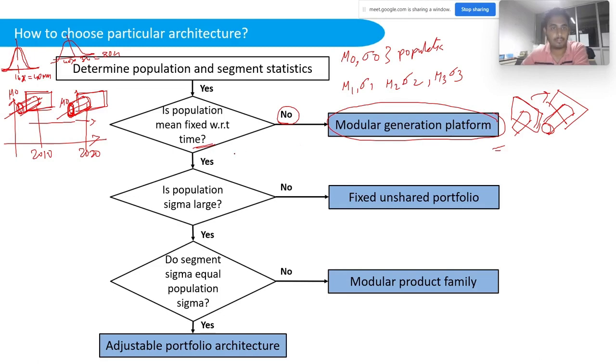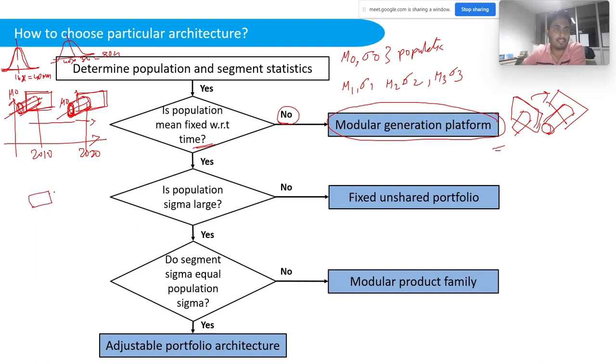Yeah, correct. Okay, another thing: if the answer is yes, for example, that the population mean does not change over time, we can take a different example. In the case of screwdrivers, the length of a screwdriver does not change over time.